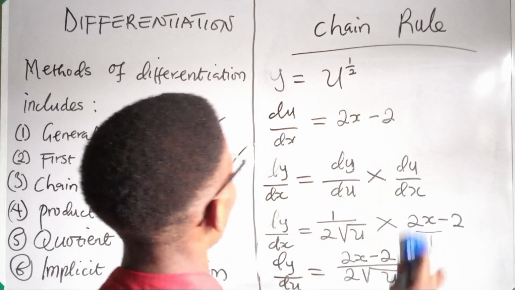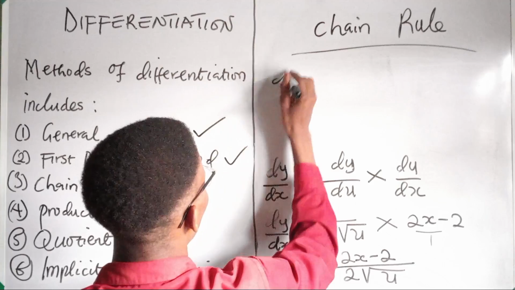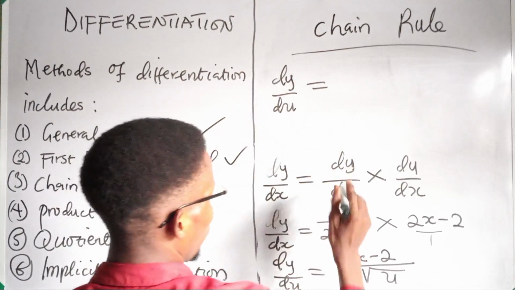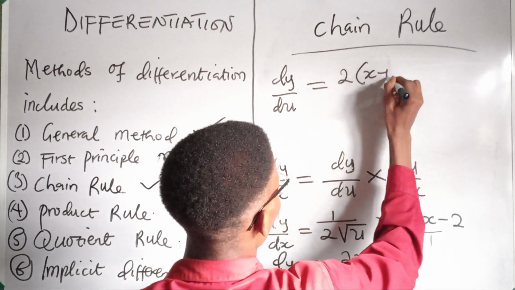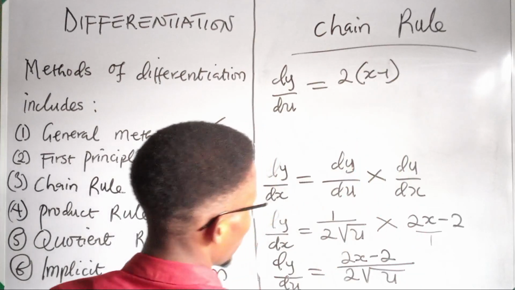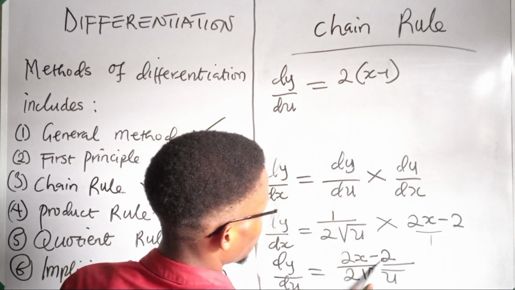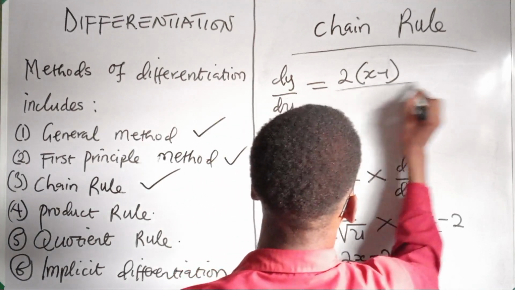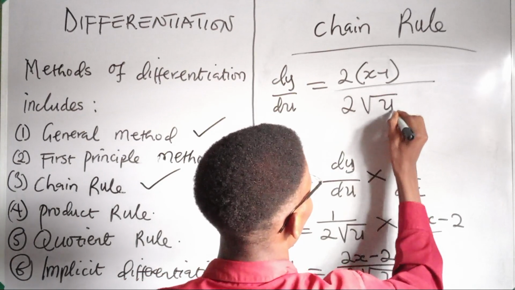If you do that, you are going to have 2 bracket x minus 1, all over 2 square root of u.